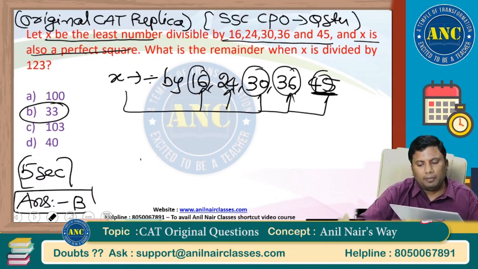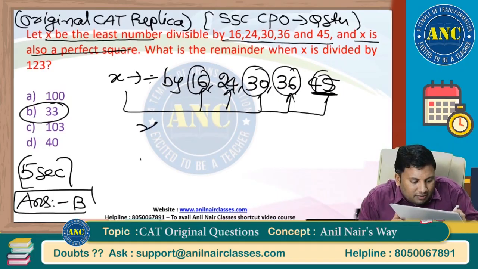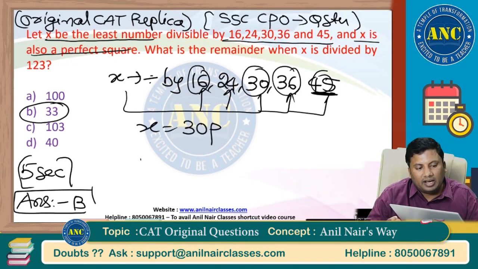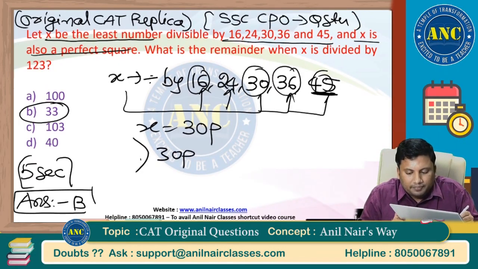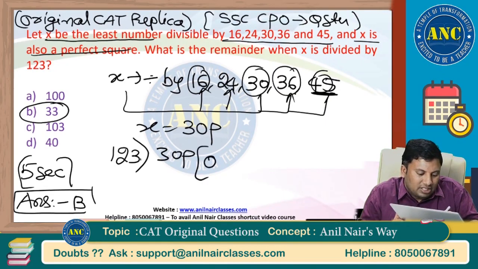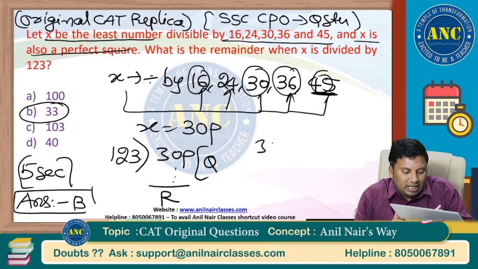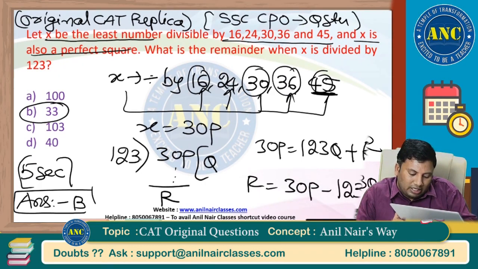x is divisible by 45 and x is a perfect square. That means x will be of the form 30 into something. Are you all with me? What is the remainder when x is divided by 123? 30p divided by 123, this is the quotient and this is the remainder. 30p is nothing but 123q + r, so r is nothing but 30p minus 123q.